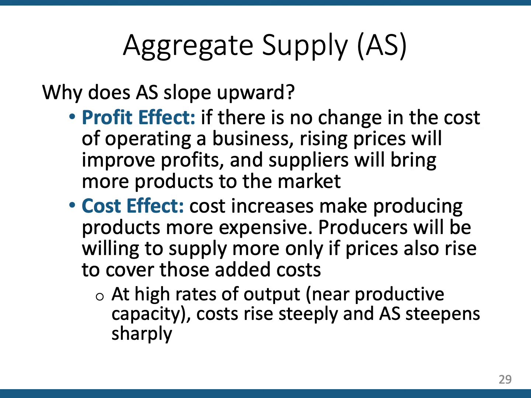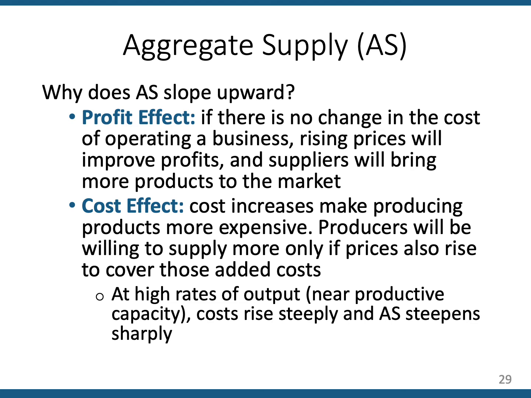There are two reasons that it is an upward sloping curve. There is the profit effect, which means, other things equal, if only the price of your product rises and your costs are not rising, which is implied, then you're more profitable and you would want to produce more. You would want to bring greater quantities of the product to market.